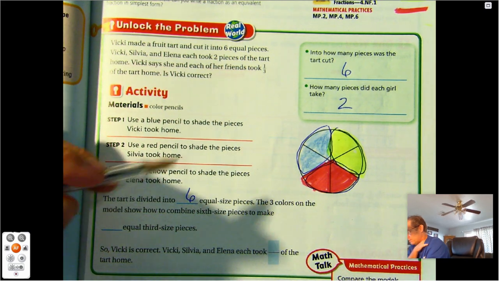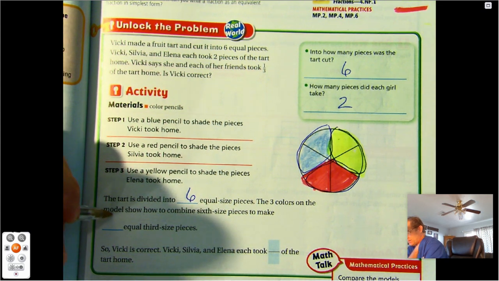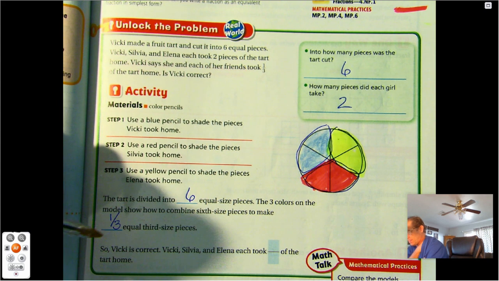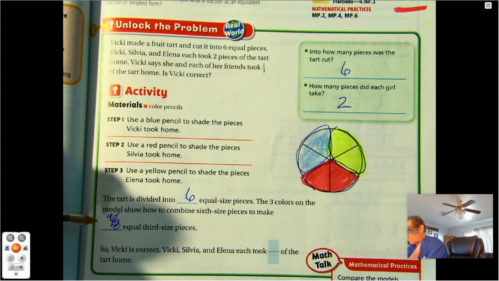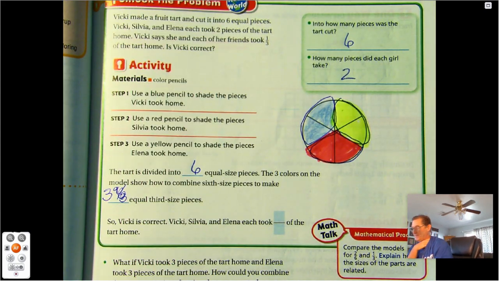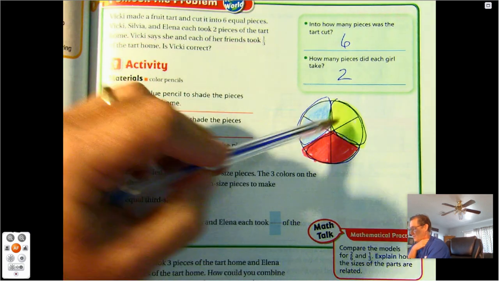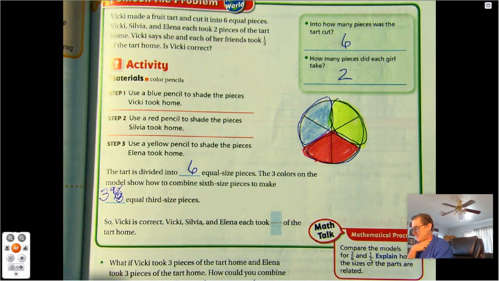So they combine the 6 size pieces to make 3 equal third size pieces. This is a third, this is a third, and this is a third. So there's 3 equal size third size pieces.